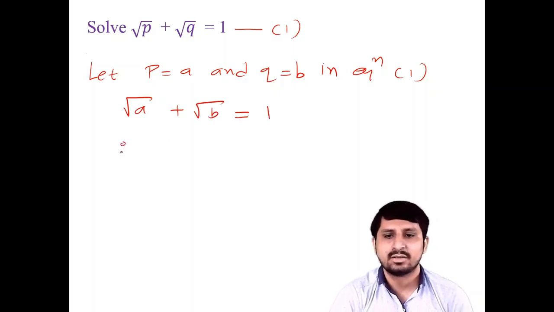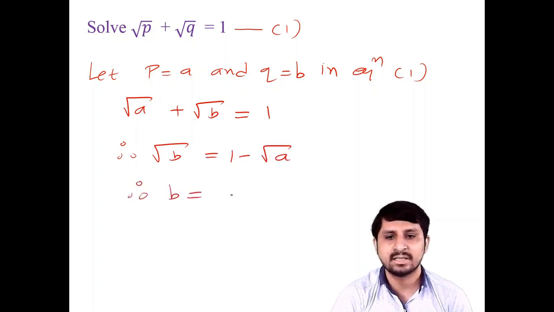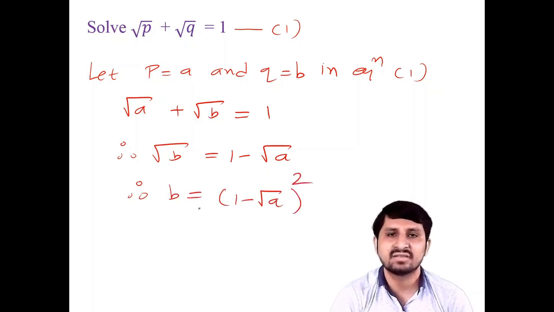So root b is equal to 1 minus root a. So what is b? b is nothing but 1 minus root a whole square.